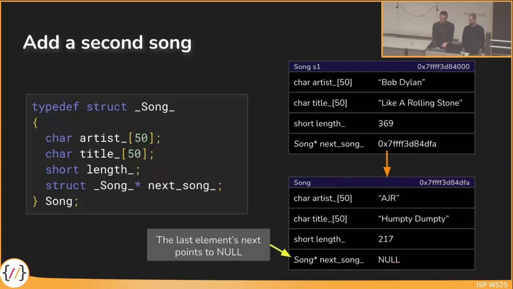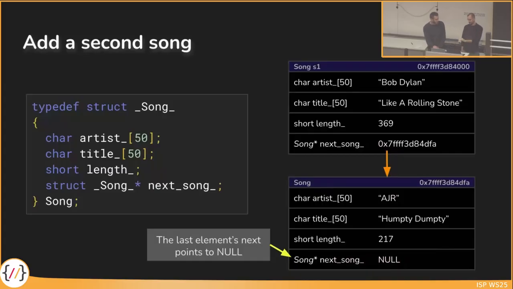Now we have, at least in this visualization, a playlist of 2 songs. And a linked list, because now we could start at the first song and go to the next song by accessing this next song pointer. Then we could check whether there is another song by checking the next song pointer again. But we see here it's null, so we know we are at the end of our playlist.